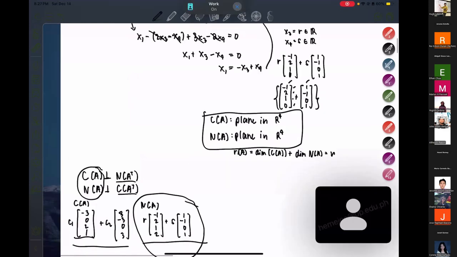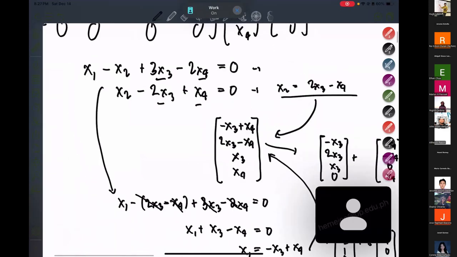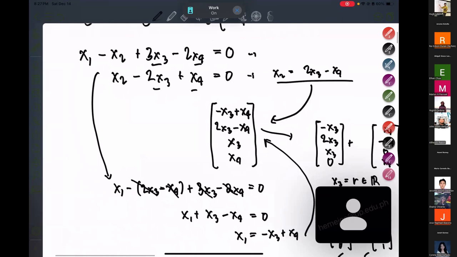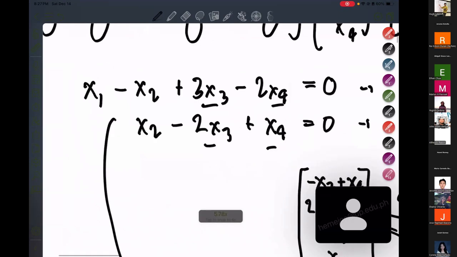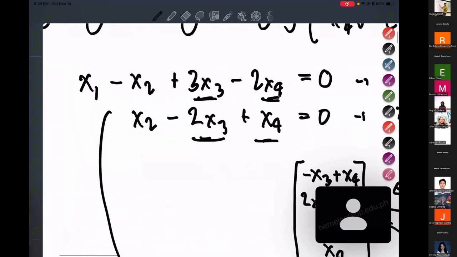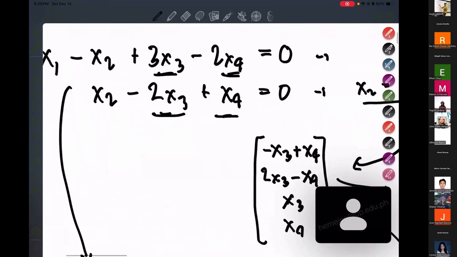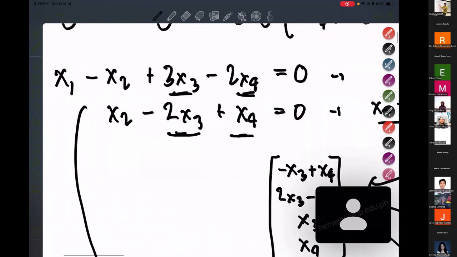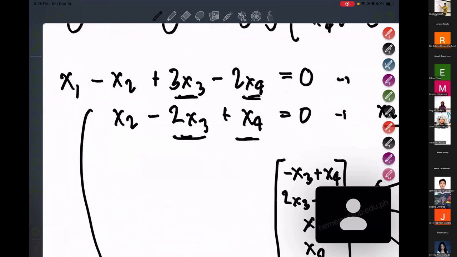Ayan, ito. So the reason why we did this is, I mean, technically we could do this with x1 and x2 and everything else. But the reason why we chose x3 and x4 is they are present in both the equations. So it's easier to work with them. I guess hypothetically, pwede namang x2 and x3 or x2 and x4.